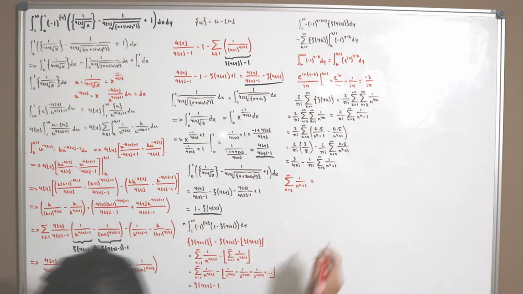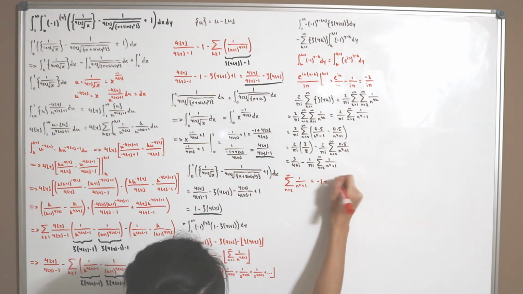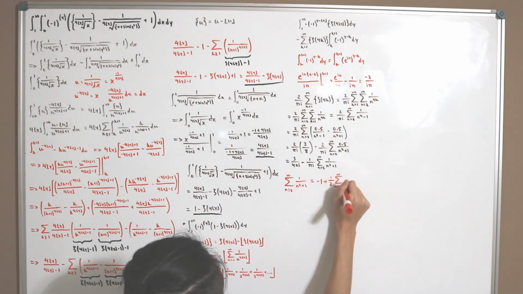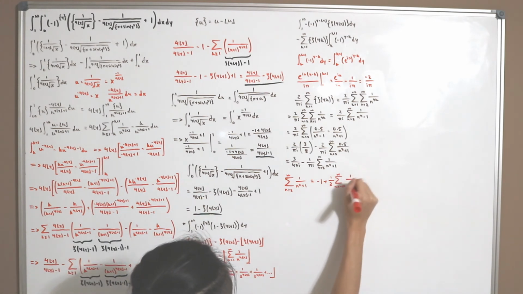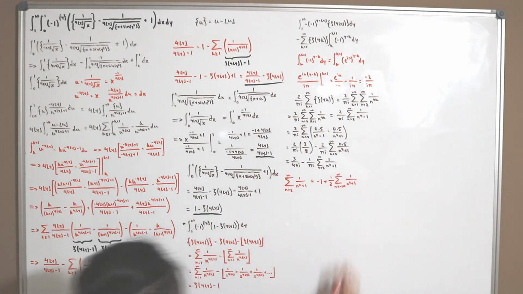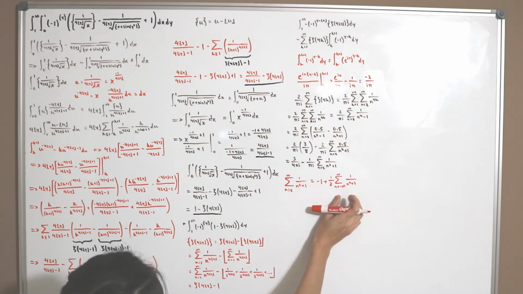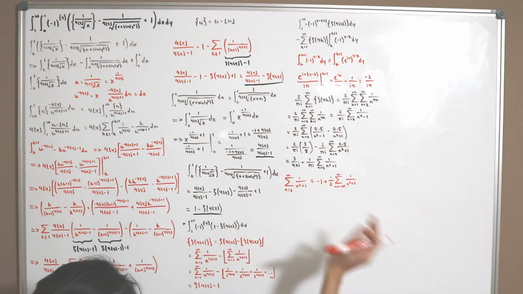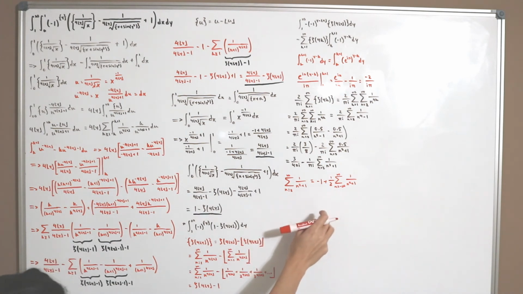Equivalently, it can be rewritten as -1 plus, and you can check this yourself, 1/2 multiplied by the sum from n equals -infinity to infinity of 1 divided by n squared plus 1. Specifically, this series is known as a Laurent series. That means we're dealing with series of terms that include negative indexes.